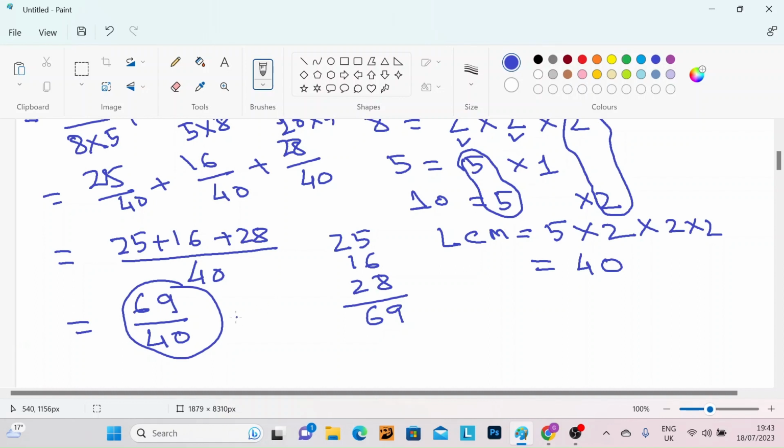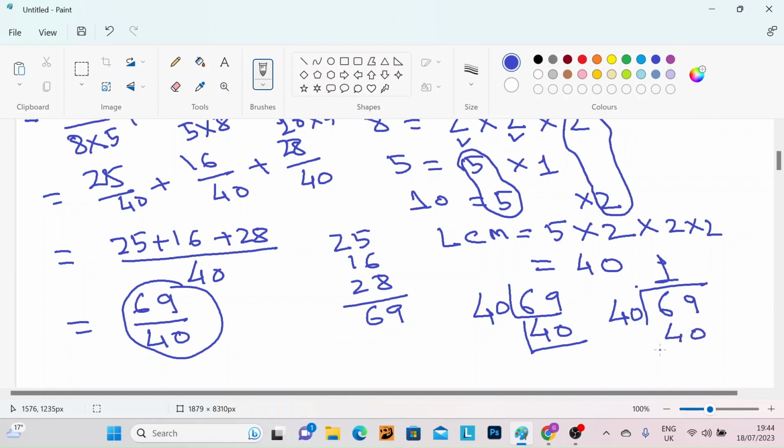Now, this is an improper fraction which can be turned into a mixed number by dividing 69 by 40. 40 goes into 69 only once, and we get a remainder of 29.